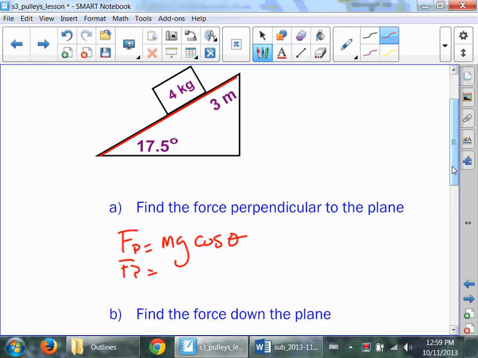So m is 4. That's negative 9.8. I guess we don't even really need negative. We can just put 9.8 times the cosine of 17.5. And that's going to be 37.4 newtons. Okay?